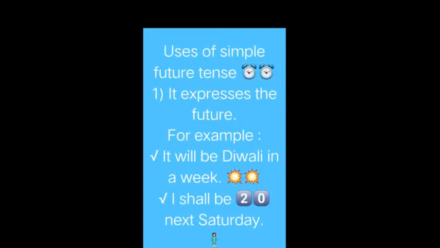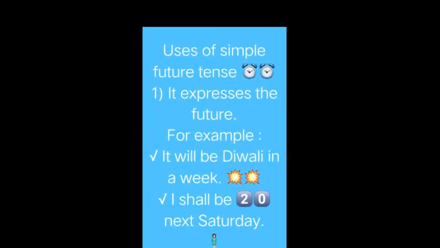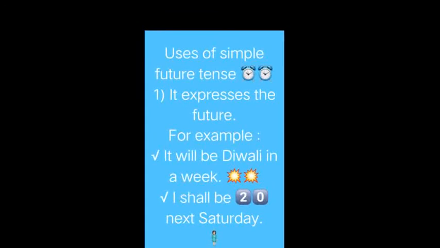Now remember, in simple future tense, the verb is in its simple form. For example, know: we will know our exam results in May. So the word know is in its simple form. Let me give you another example.